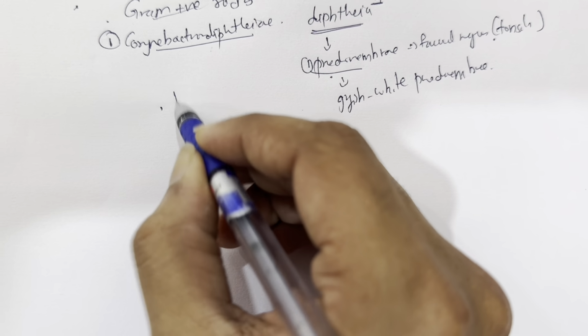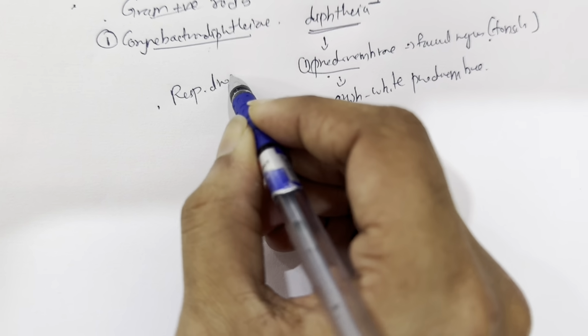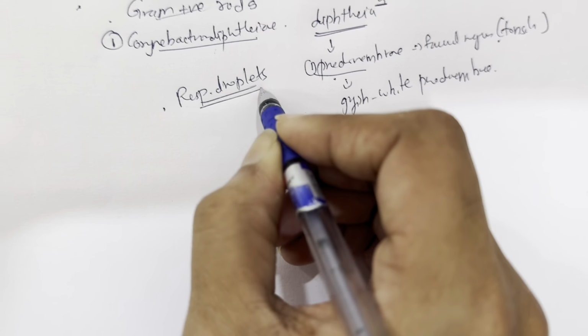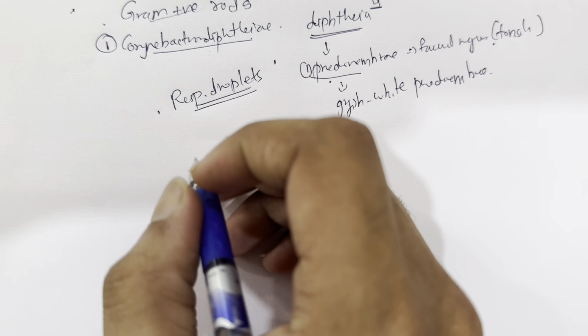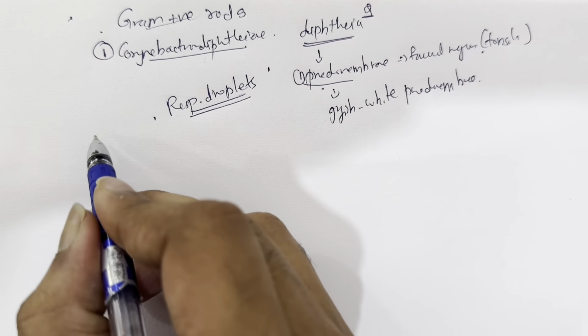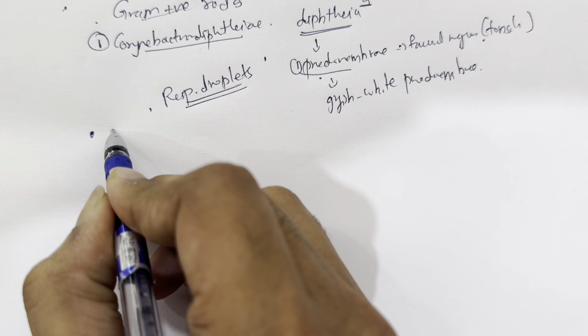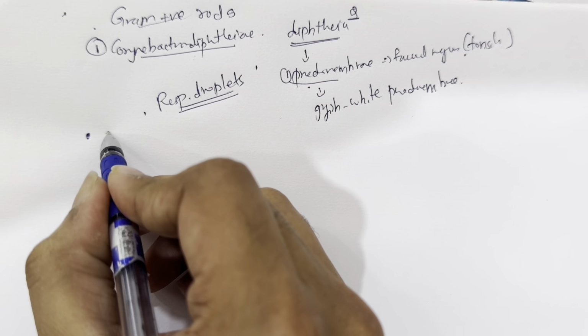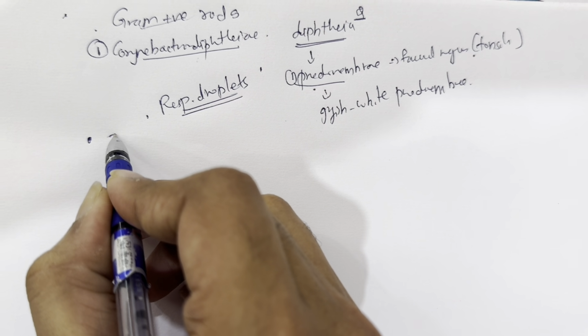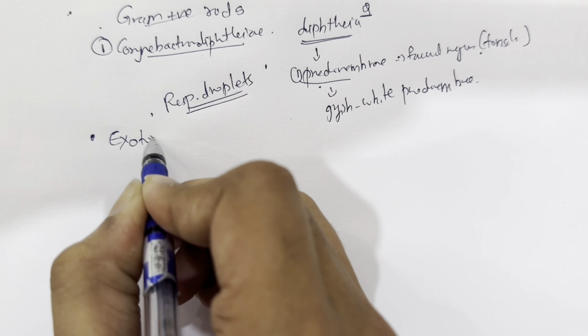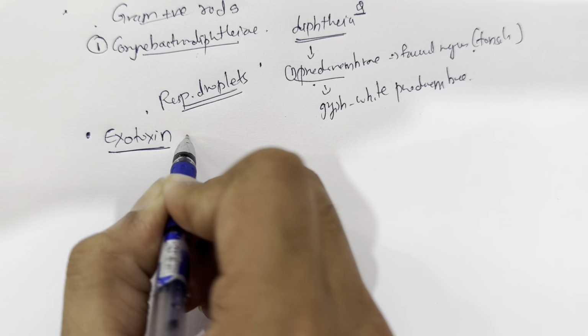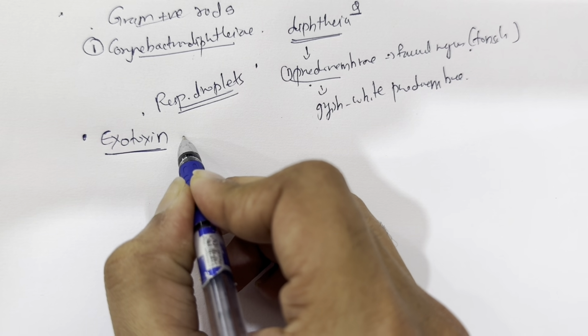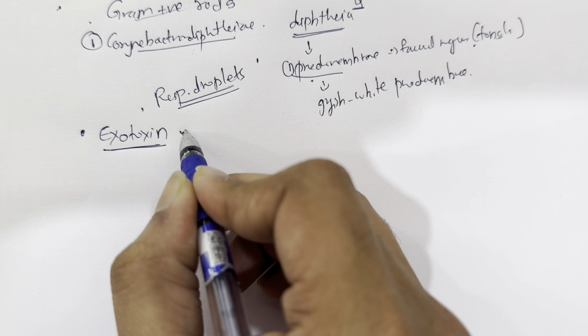How is it transmitted? It's transmitted through respiratory droplets. So how is Corynebacterium diphtheria transmitted? Respiratory droplets.